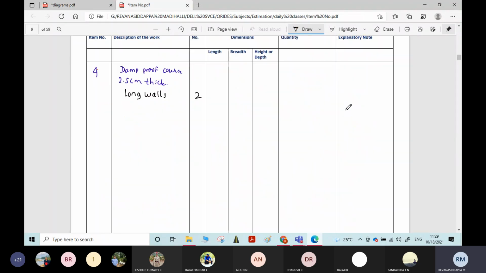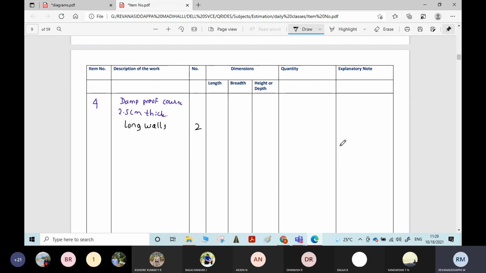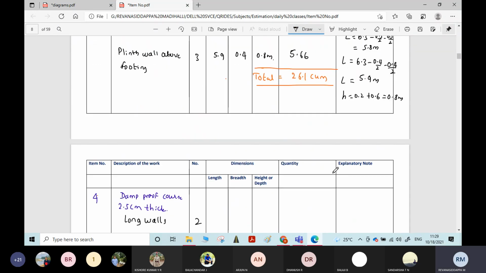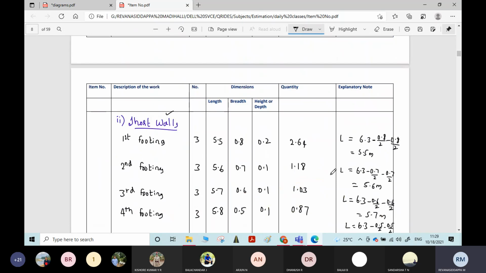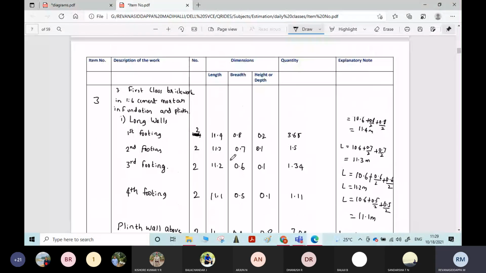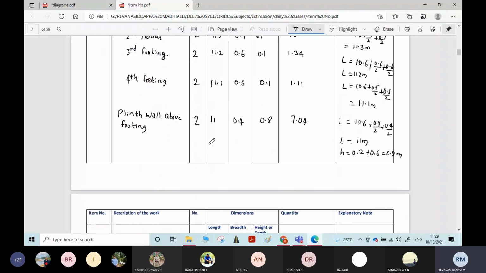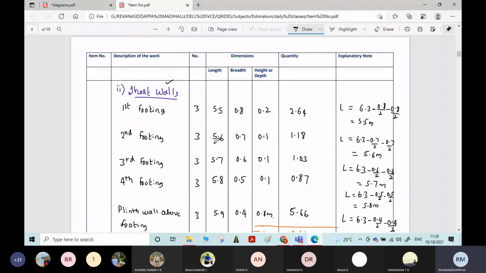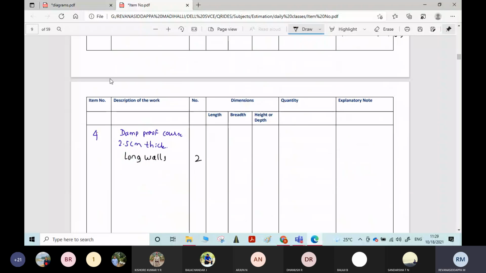Therefore, you do the calculation, or else you can directly write the length with respect to the long wall of the plinth. What is the length you got? 11 meter. The same length will come even if you calculate once again. Long walls, L is equal to 10.6 plus 0.4 divided by 2 plus 0.4 by 2. You will get 11 meter only.